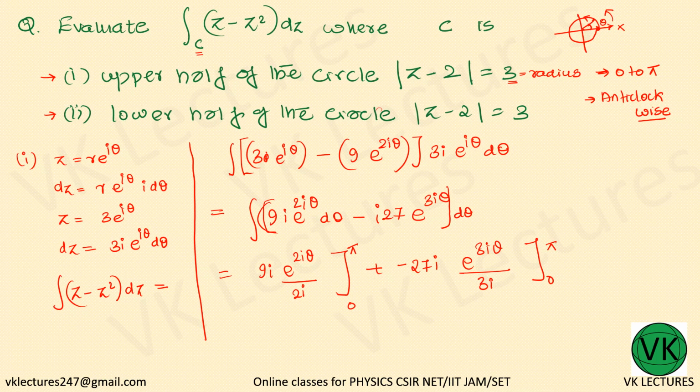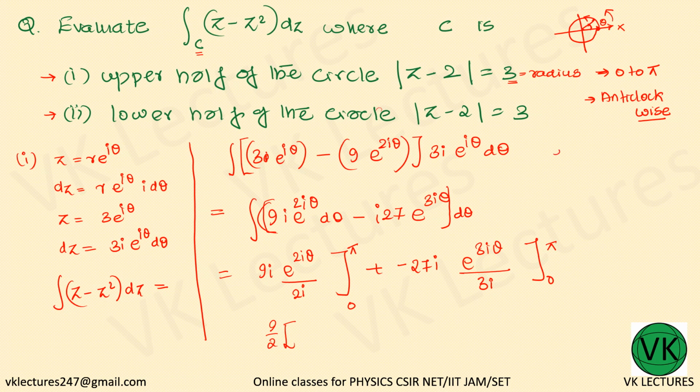Now here, for the first term we can go with the upper limit first. 9i and i get cancelled, so 9 by 2 into, first let us put the upper limit 2i pi. 2i pi means 0, so that is 1.